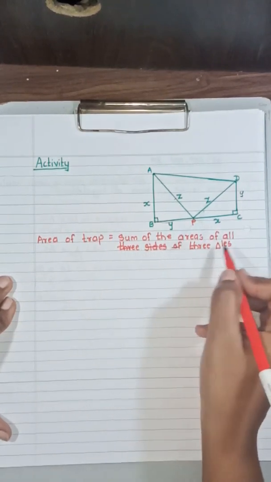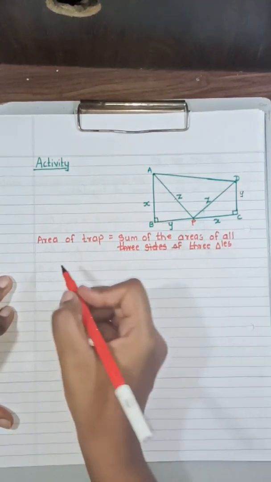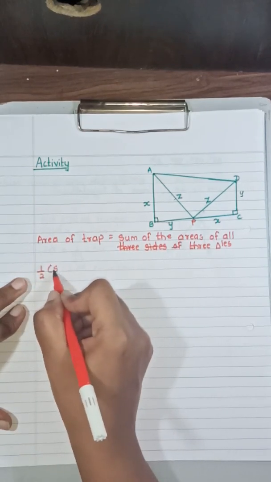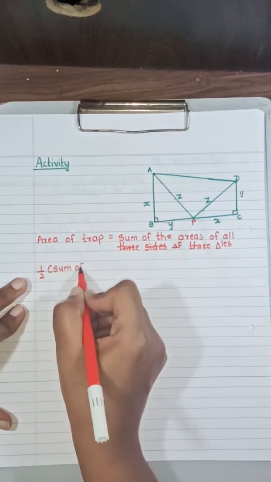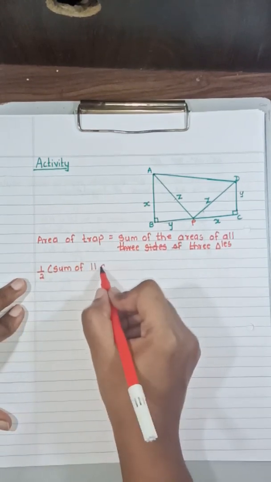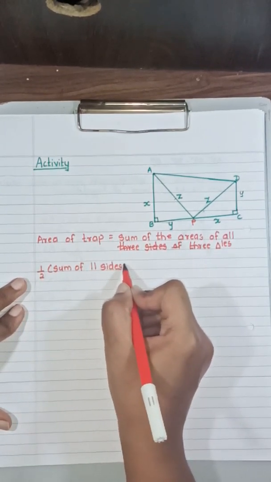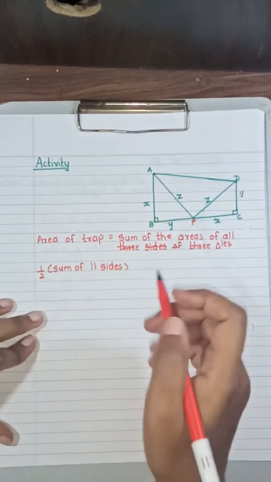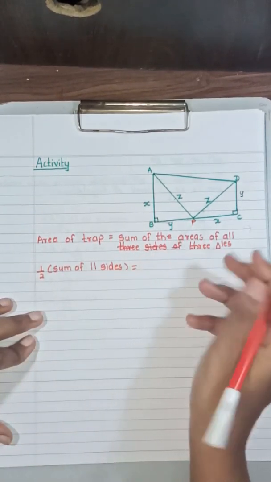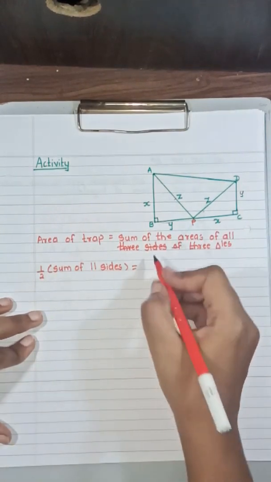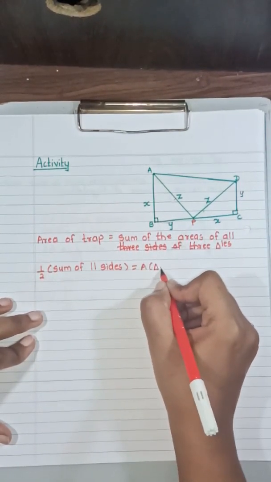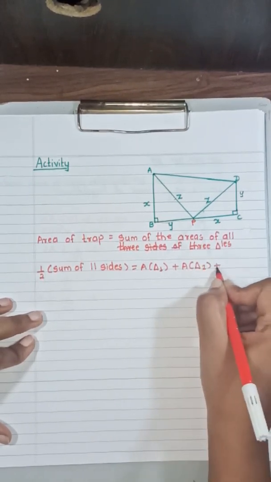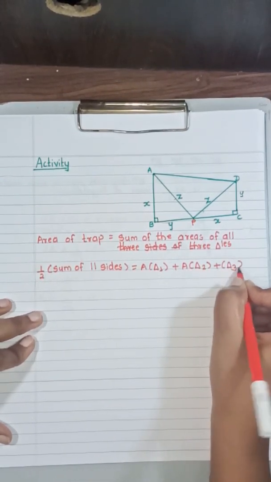Therefore the area of the trapezium is half into the sum of the parallel sides. That is equal to the sum of the areas of the three triangles, that is area of triangle 1 plus area of triangle 2 plus area of triangle 3.